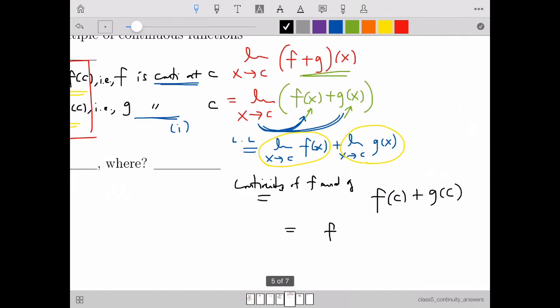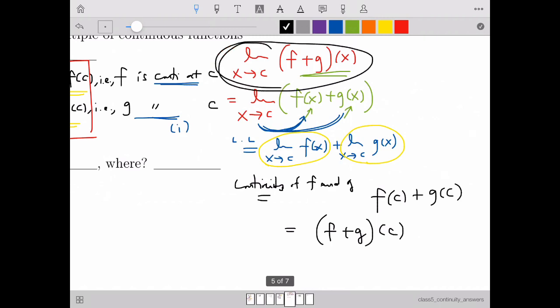And this is nothing but the sum evaluated at c. So we started with this limit of f plus g at x, and we ended with f plus g at c.